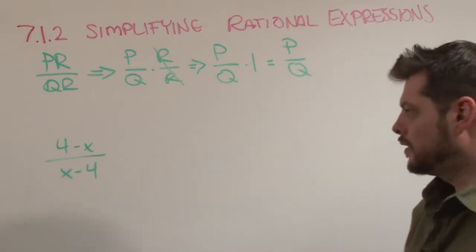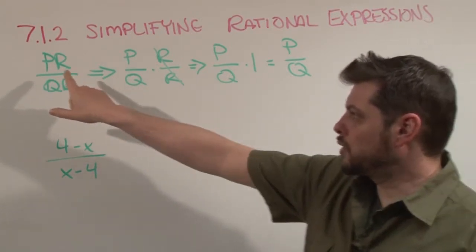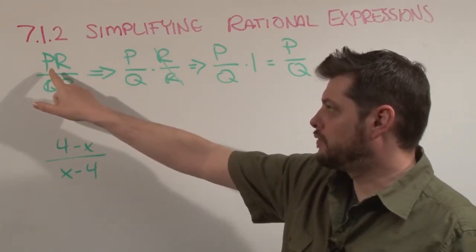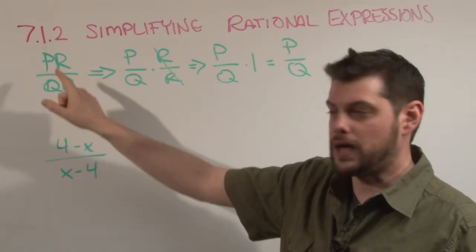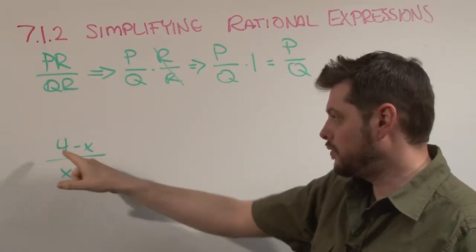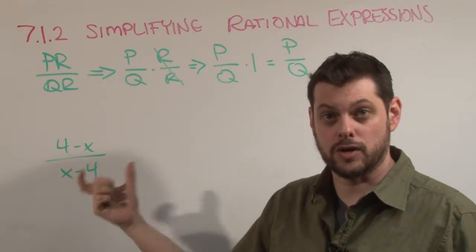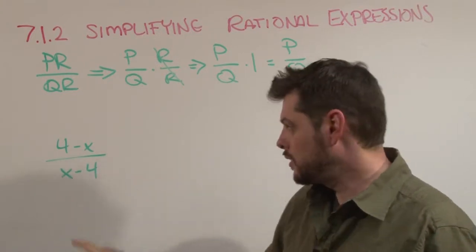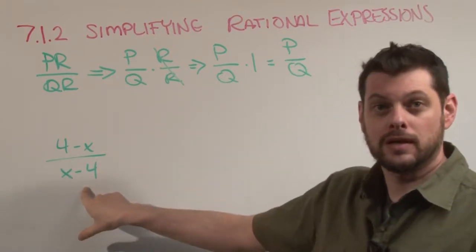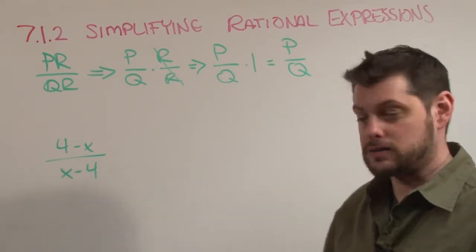Okay? Now, I am showing you that our strategy involves products, not differences, right? 4 minus x is a difference. It's a term of difference, not a term of products. This is also, x minus 4 is a term of difference, not a term of products, right?